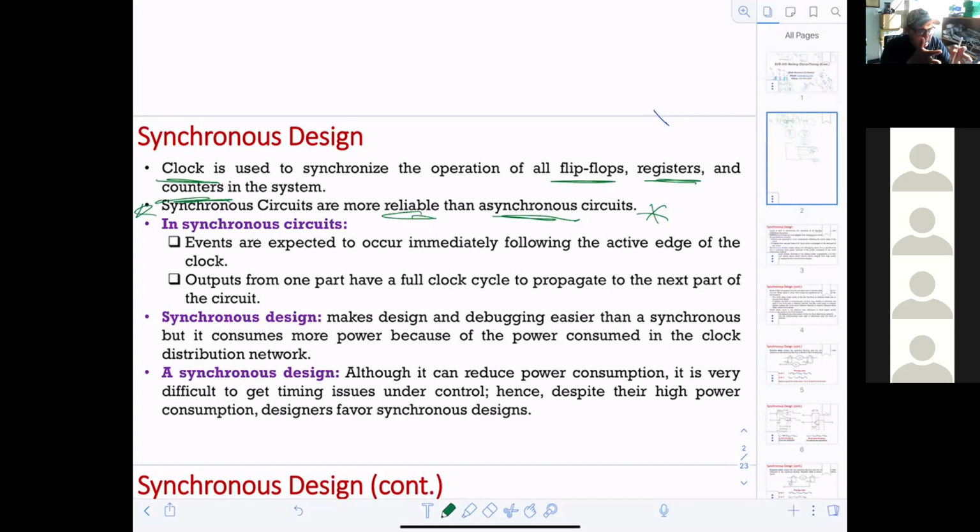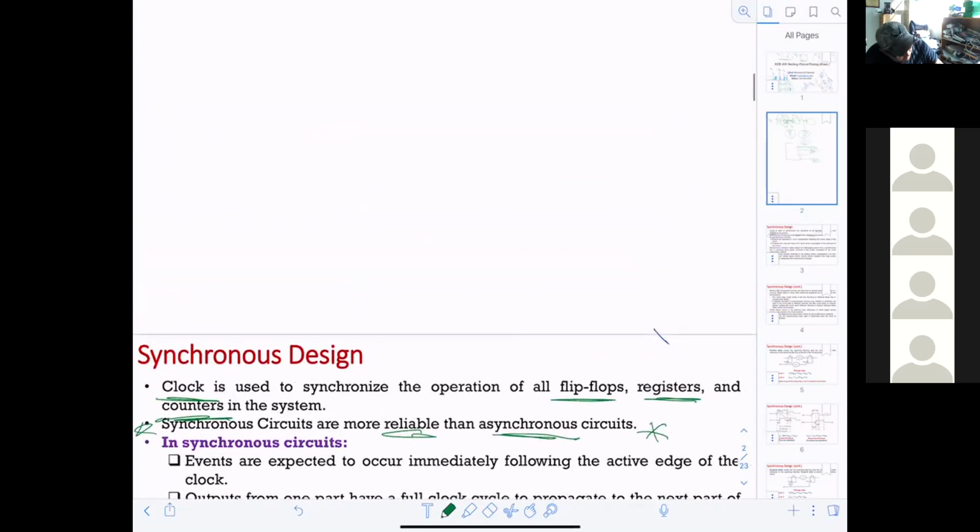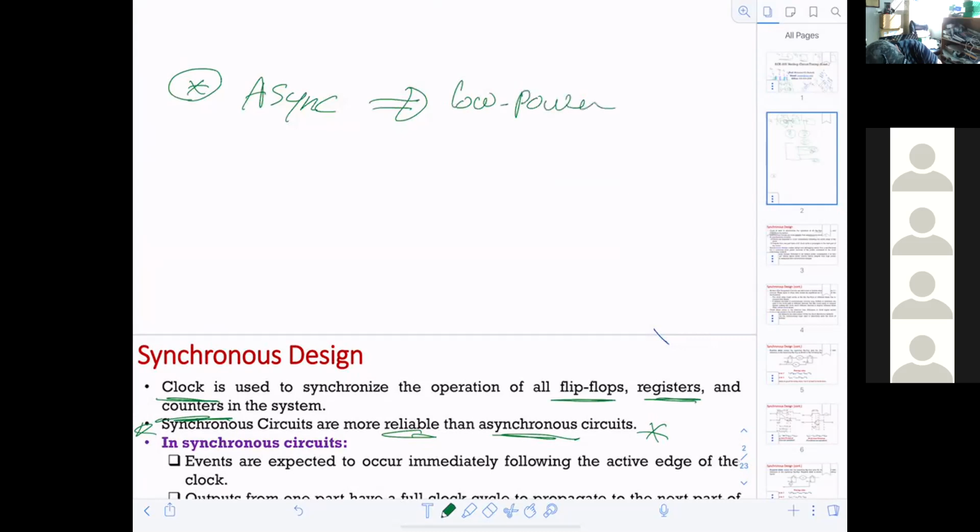The pro of asynchronization is actually a very small number of resources. So pretty much you can write here a conclusion that async is very good for low power activities.